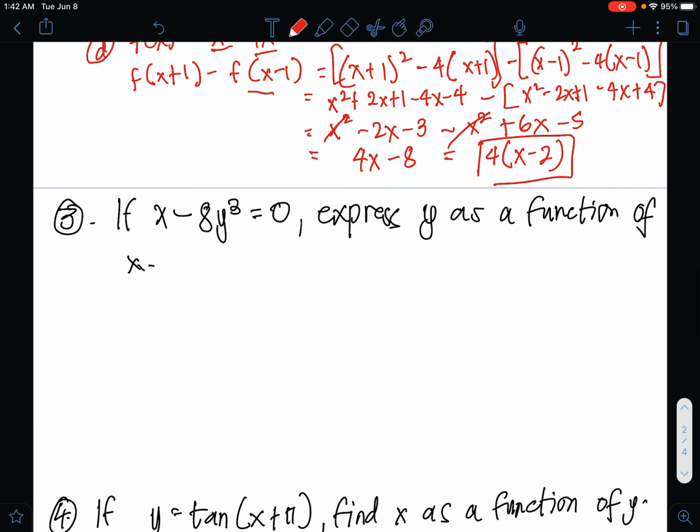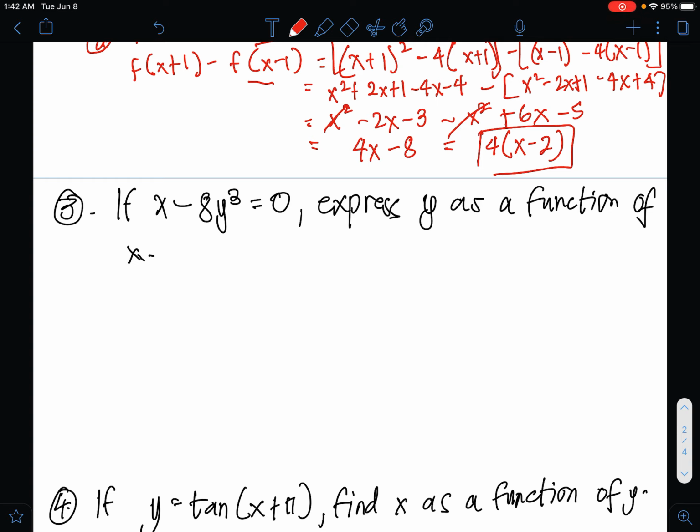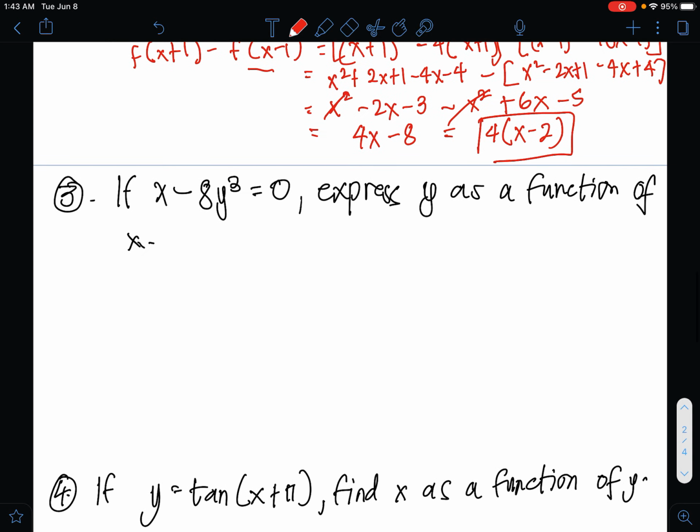Okay. So, next. Number 3. If x minus 8y cubed equals 0, express y as a function of x. So, express y as a function of x now. So, meaning, or which means that, ibalhin nato si x diri x is equal to 8y cubed. Okay.